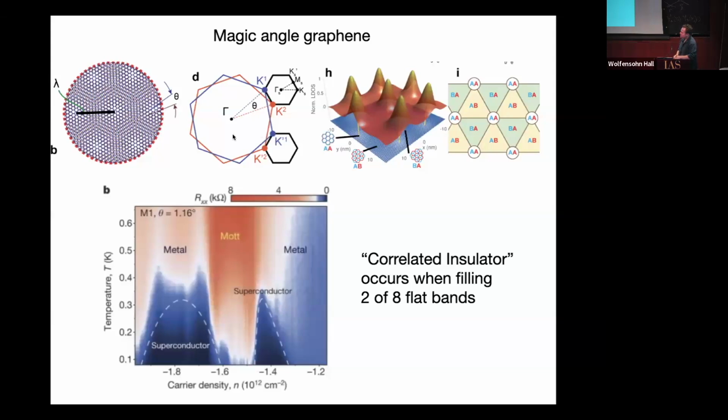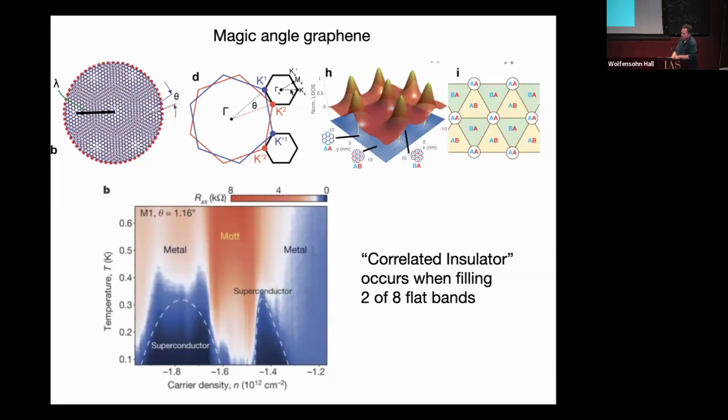The important thing as far as intervalley coherence is concerned is that when you have the moiré potential, it takes the original graphene Brillouin zone and folds it down into a tiny little Brillouin zone. The mini Brillouin zone is about 1/50th of the microscopic one because there's a 50-site moiré unit cell. But the low energy physics still gets restricted to these two pockets, an area K and an area K prime.